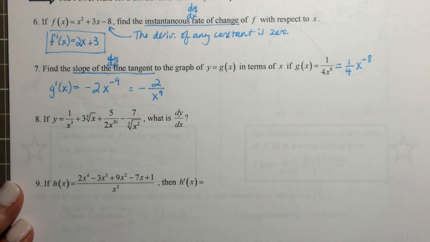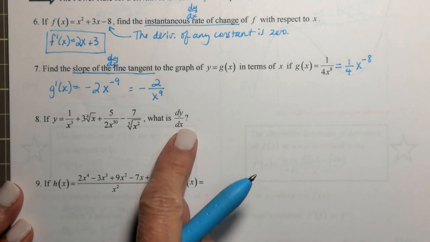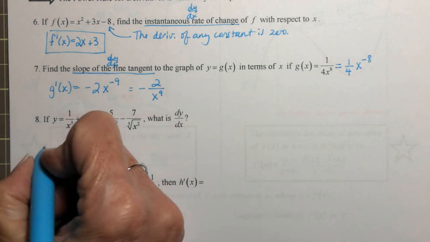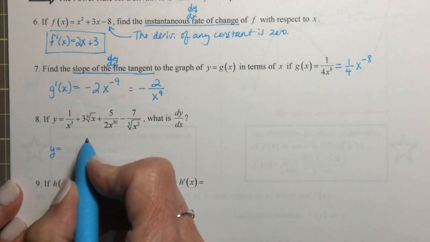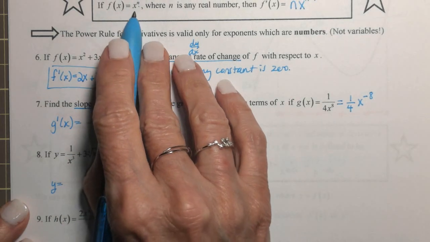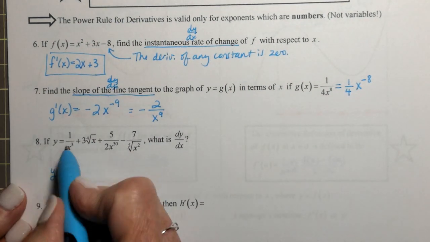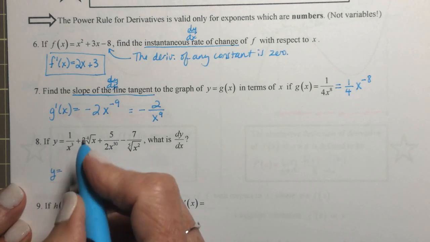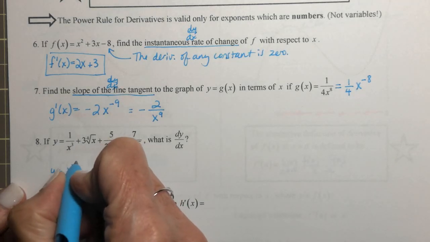Number 8. Here's a messy y. What is the derivative? Okay, first, again, I need to rewrite this to make each term in this form. Each term must be in that form. So 1 over x cubed is x to the negative 3.